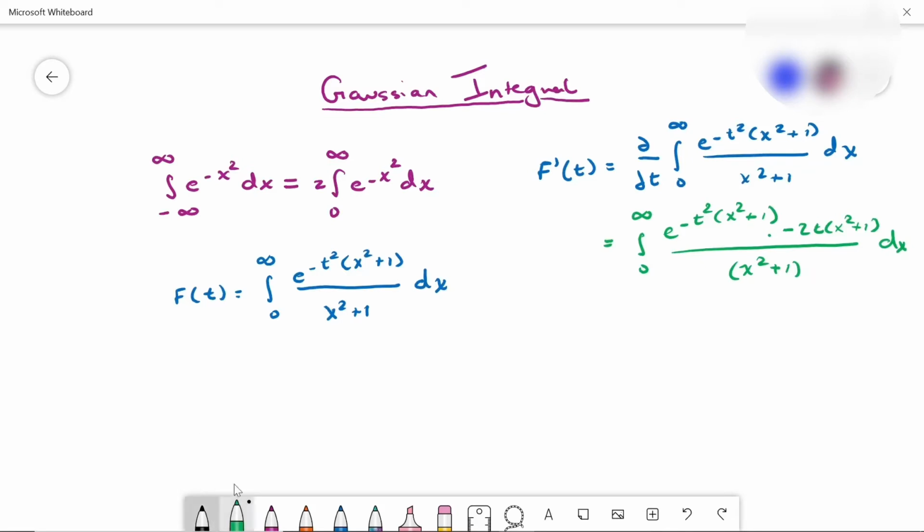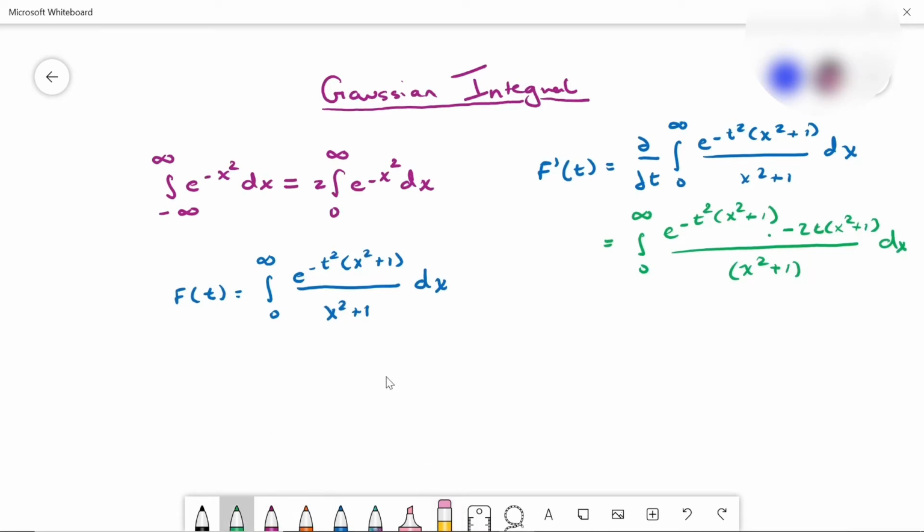So what I did there was, if you're going to find the derivative of e to the power of a function of x, that's just equal to e to the power of the function of x, multiplied by the derivative of the function of x. And everything else just remains as it is, because it's just a constant.